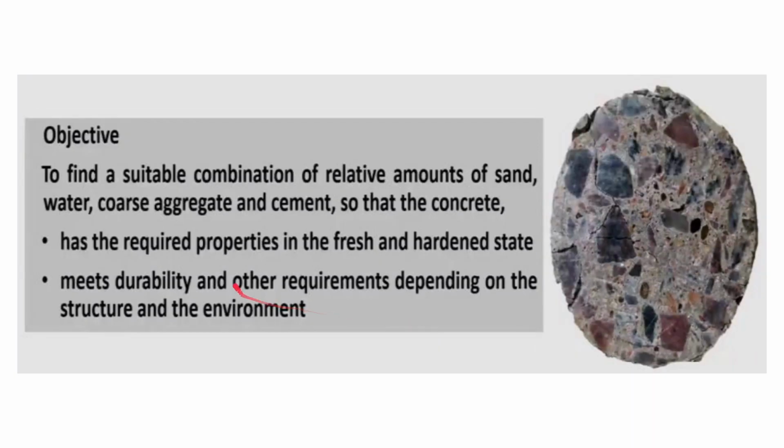Our basic objective is to find a suitable combination of sand, water, coarse aggregate and cement in various relative amounts, so that we get adequate fresh and hardened state properties, and also meet the durability and other requirements which depend on the structure and the environment.